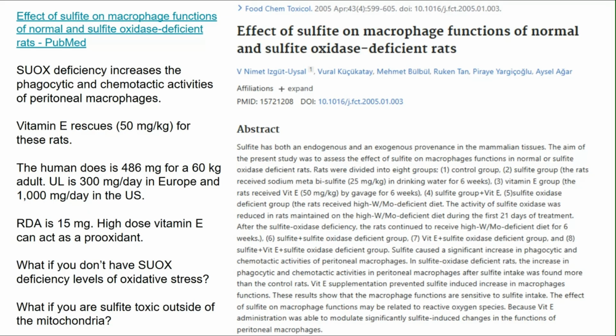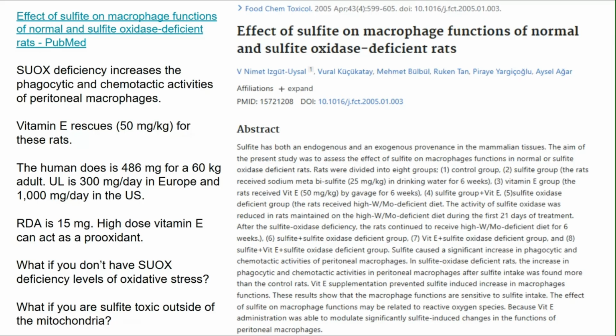So most likely the vitamin E was helping to recycle vitamin C, probably. That's what I'm thinking. And then the vitamin C was helping to mitigate the hydroxyl radicals. That's my theory, at least. So if you're a human, the dosing of that would be 486 milligrams for a 60 kilogram adult.